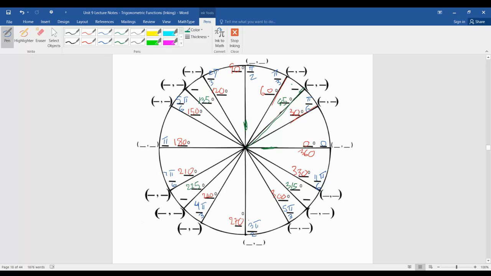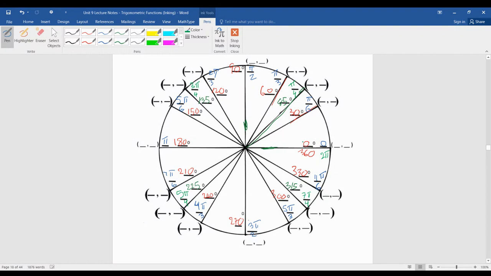Let's take this one. So pi over 4. So 1 pi over 4, 2 pi over 4, which is pi over 2, 3 pi over 4, and then 4 pi over 4, which is pi, and then 5 pi over 4, and then 6 pi over 4, which simplifies to 3 pi over 2, and then 7 pi over 4, and then 8 pi over 4, which is 2 pi.